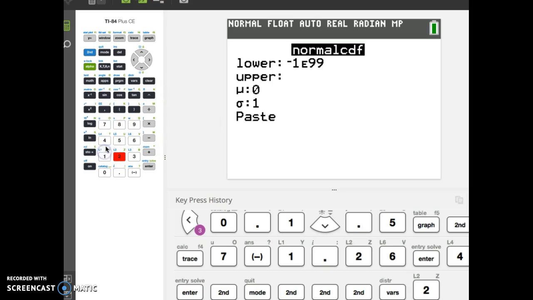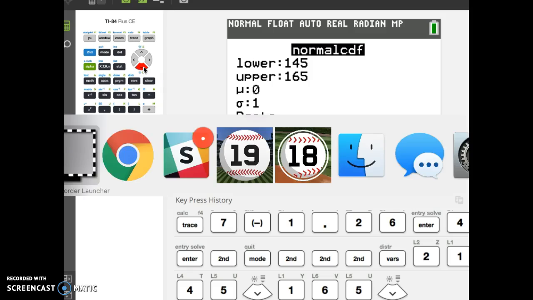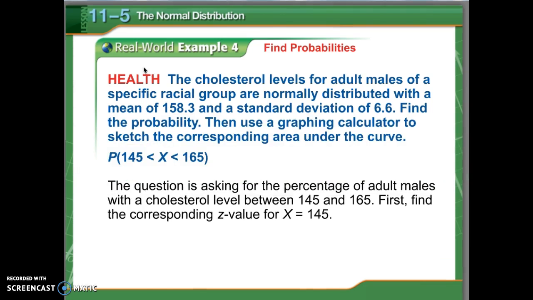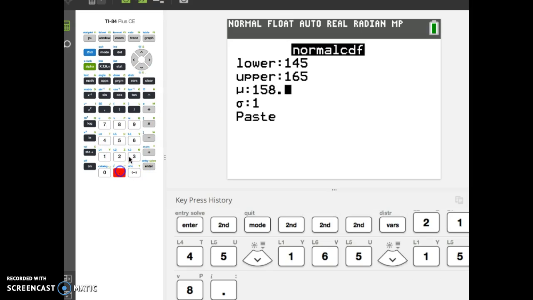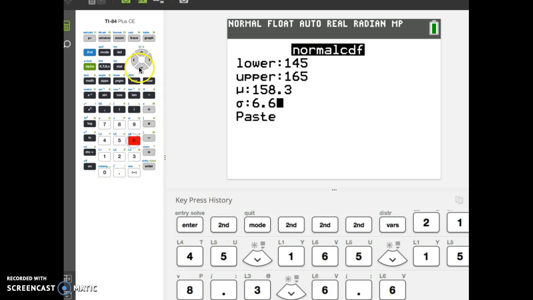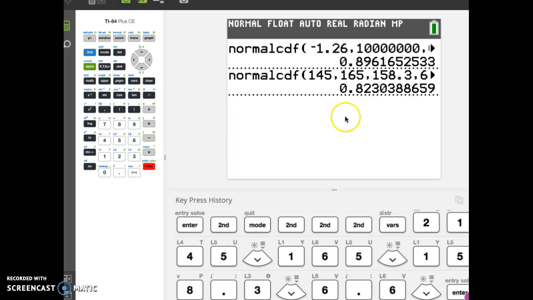Your lower bound is 145, upper bound 165. The mean that we were told is 158.3, and the standard deviation is 6.6. Hit paste, hit enter. We're going to get about 82.3% as our answer.